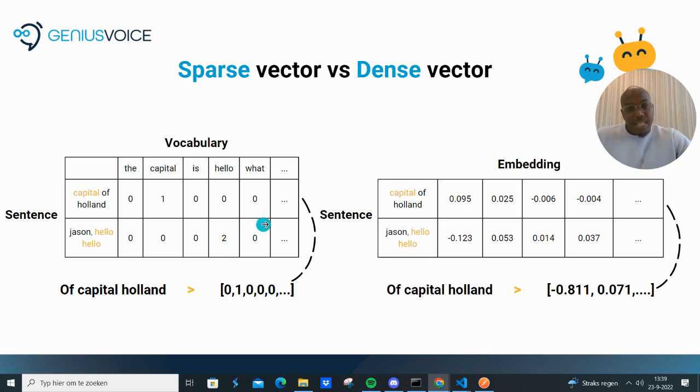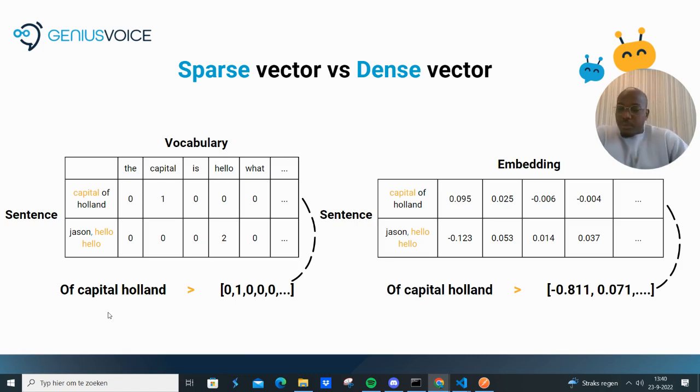All right. Now, if we would move over to the embedding vector, so the dense vector, then things look a lot different. So if I have here the same sentence, capital of Holland, we can see here that the representation is completely different. Okay, now the big difference between sparse vector and dense vector is that dense vector does a better job in understanding a contextual meaning of a sentence, whereas sparse vector has a harder time doing so.